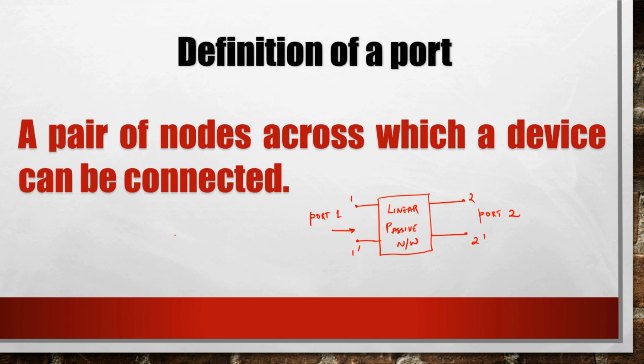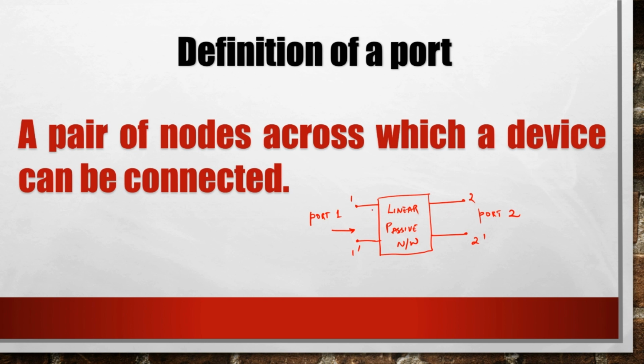Now, when we have four terminals in this case, 1 1 dash 2 2 dash, so this is a four terminal network or a two port network, then that can also be analyzed, but the way of analysis is different in this case. We're not going to arrive at any Thevenin's or Norton's equivalent circuit. We're just going to use some parameters, port parameters, to conclude the behavior of the circuit.